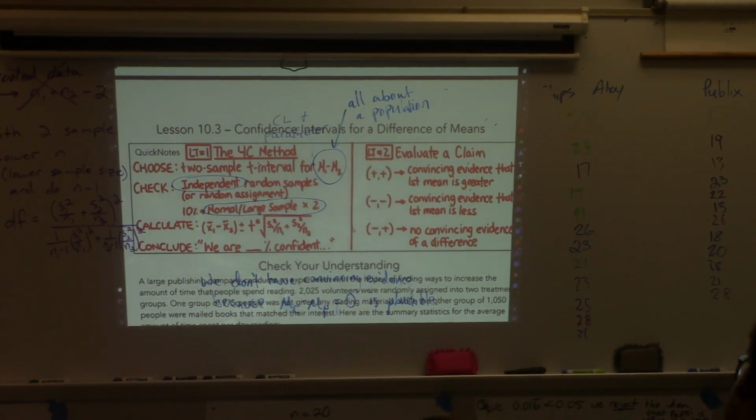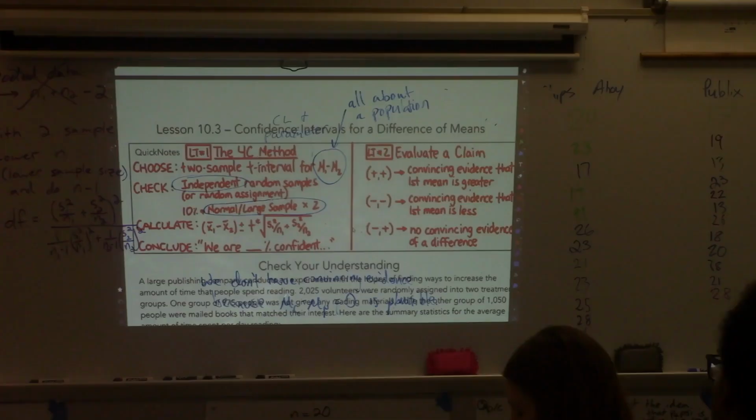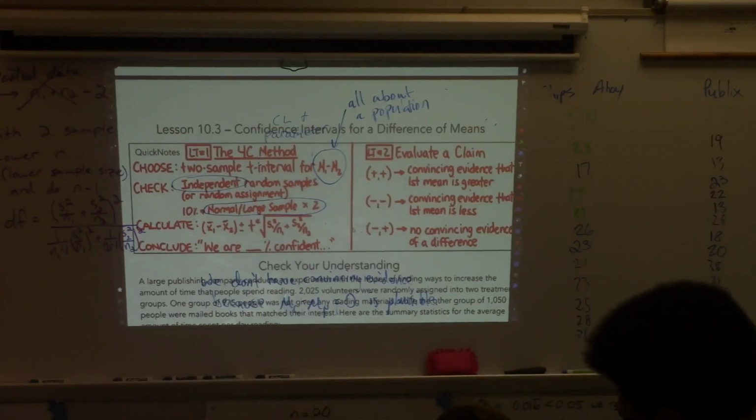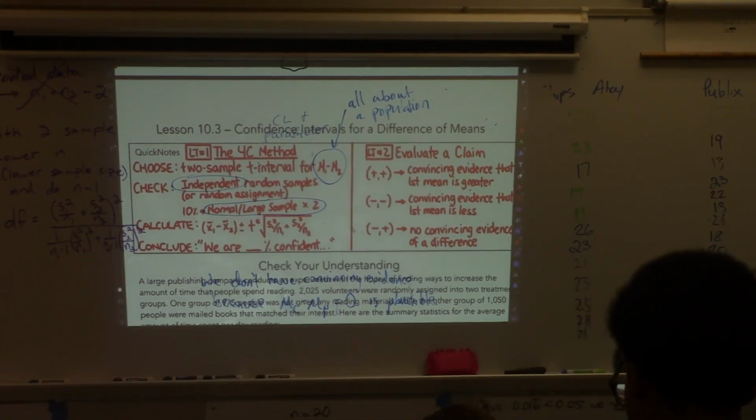Then the check your understanding for the difference in 2 means confidence interval. Start hypothesis testing, which means I guess I need to open up a progress check. Don't worry about it until maybe the end of Thanksgiving break, but there is a DYU on that Tuesday.